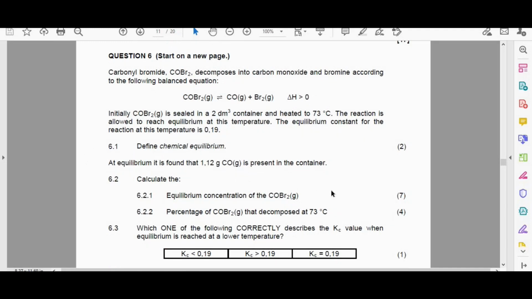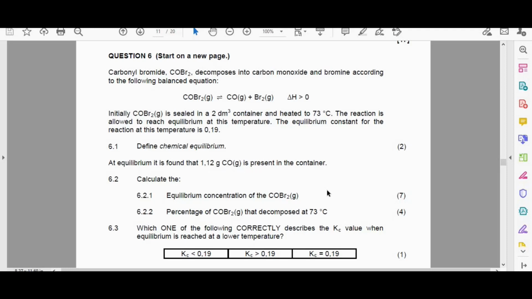And the chemical equilibrium question is a question that a lot of students struggle with. And I want to make sure you guys get this part right, of course. Okay, so let's have a look at question 6. We'll do it together.